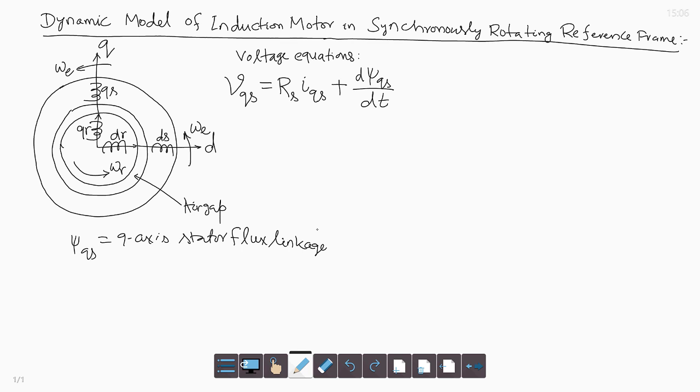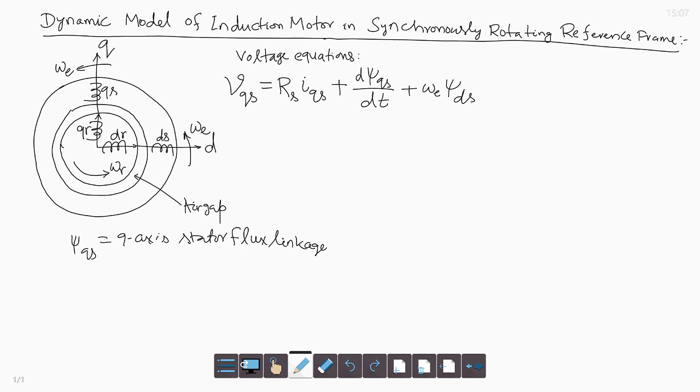So, d psi qs by dt is the transformer EMF. Now, the rotational EMF is given by omega e into psi ds. As the transformer EMF is produced by the time rate of change of flux linking with the same winding, the rotational EMF is produced in the q axis stator winding qs due to a flux at 90 degrees.